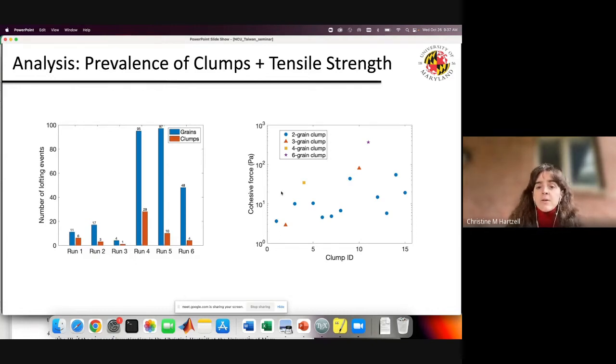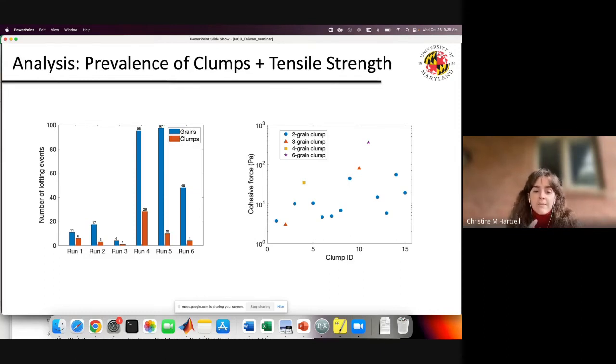We can also solve for the tensile strength of the regolith by looking at the trajectories of the particles. With our camera, we observe the particles across their trajectory. We can identify the position in each frame. From the position in each frame, we can calculate the velocity and the acceleration of the particles.